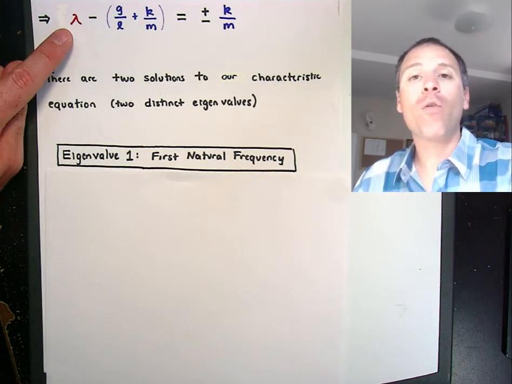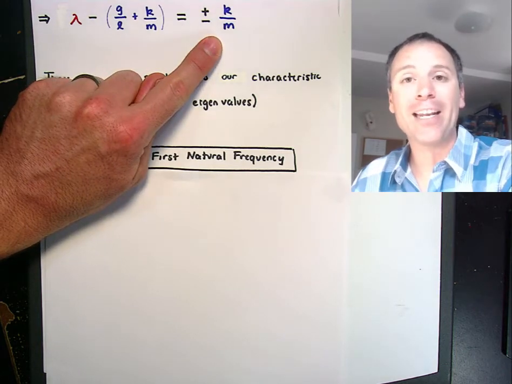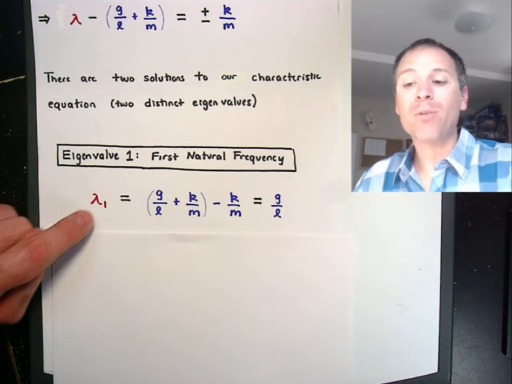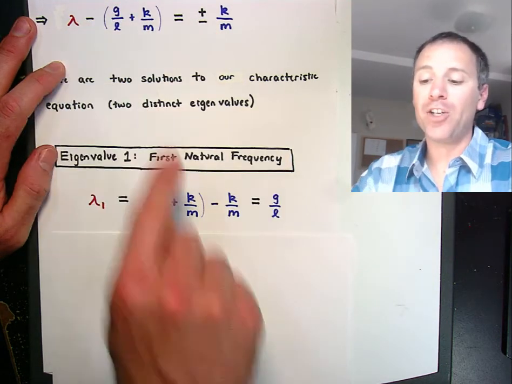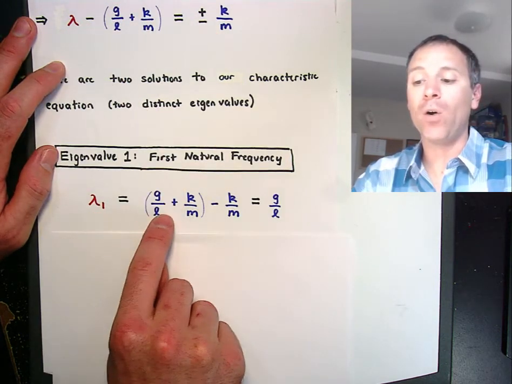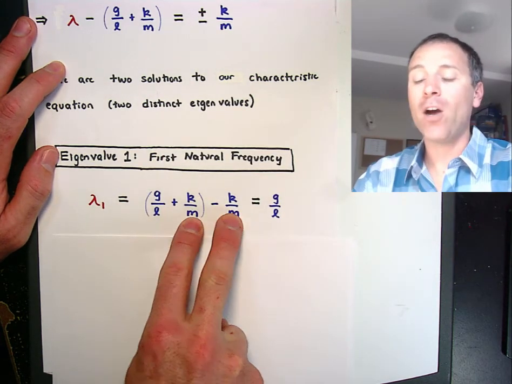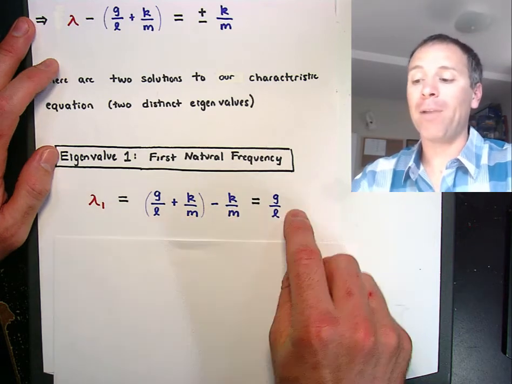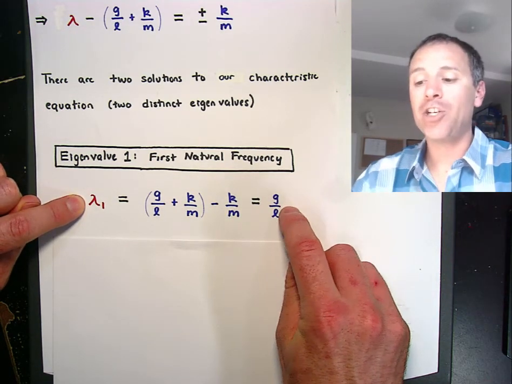Let's take a look at eigenvalue 1, which we're going to say is the first natural frequency. Specifically, let's solve this equation when we set the right-hand side equal to a negative. In that situation, we say that lambda 1, we're going to bring this term over to the other side via addition. So lambda 1 is G/L + K/M - K/M. The K/M's disappear, and I'm left with the first eigenvalue of the system being G/L.